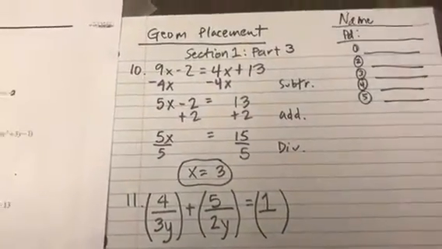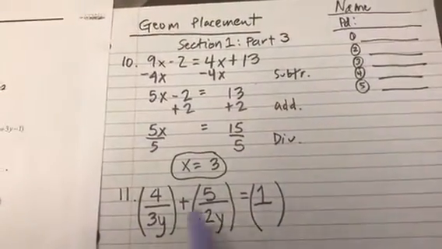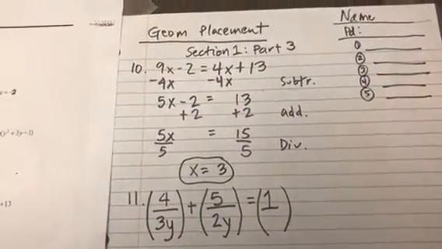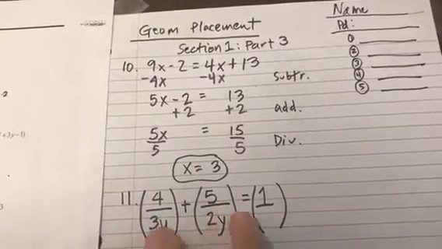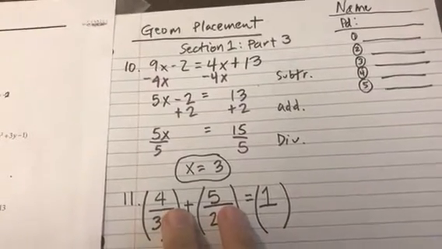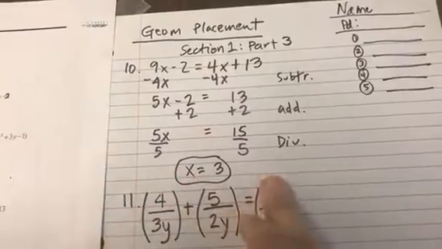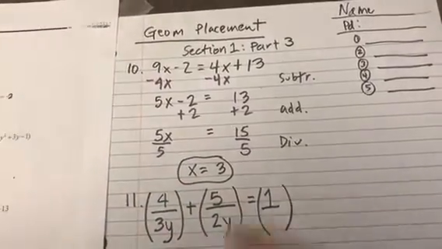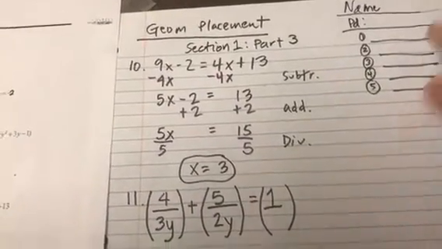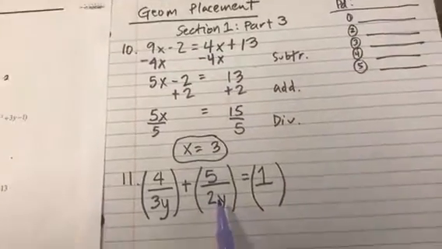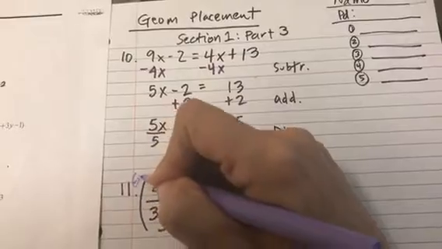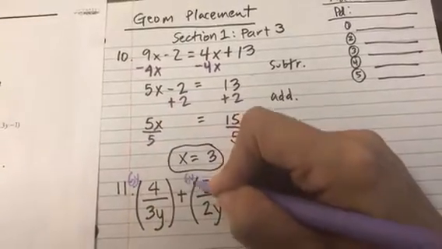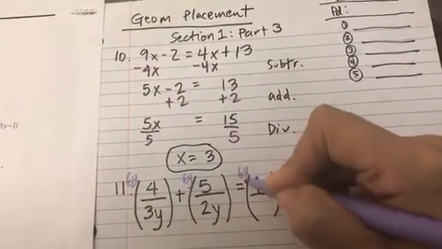If I multiplied every term by 6, and we did this similarly, if this was just a 3 and a 2, a fraction 4/3 and 5/2, if you multiplied everything by 6, that would allow everything in the denominator to go away. So I'm going to multiply everything by 6y, 6y, and 6y.